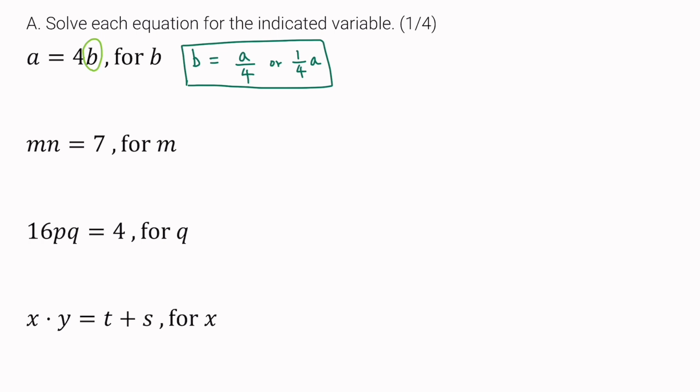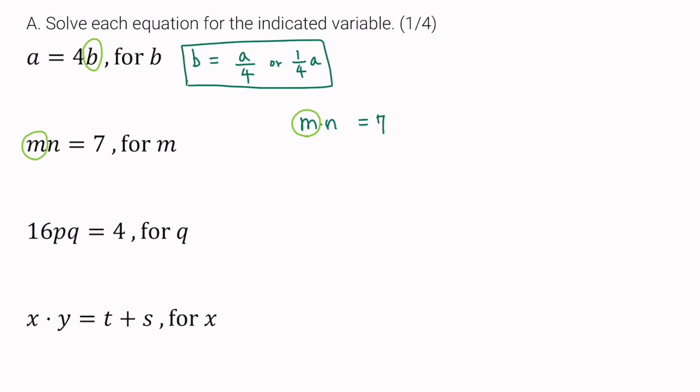I have m times n is equal to 7, and I need to solve this equation for m. So I'm solving for this m. Let's rewrite the whole expression. M times n is equal to 7, and I am solving for m.